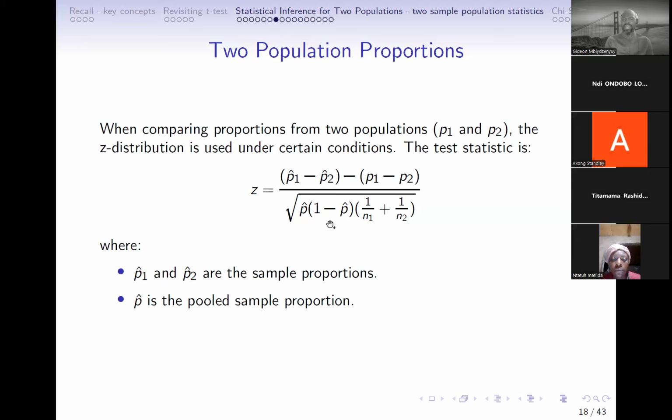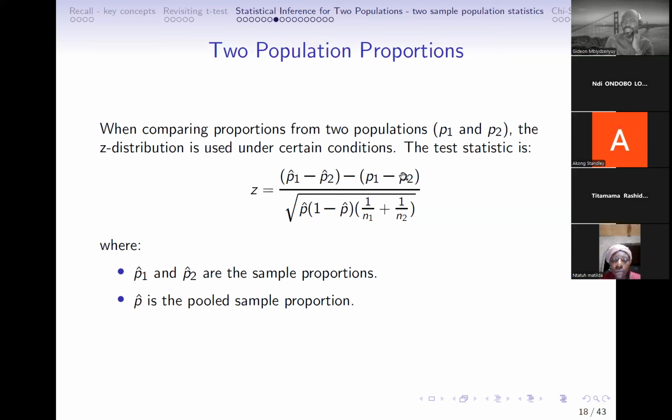And then we divide by the characteristics. Sorry, I'm confusing you here. P1 and P2 with the hats are the samples. P1 and P2 without the hat refer to the populations, population 1 and population 2.